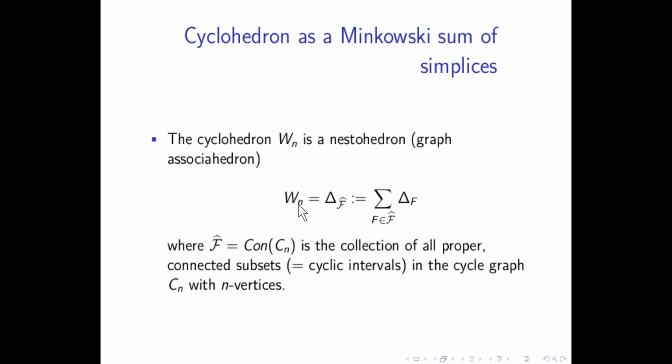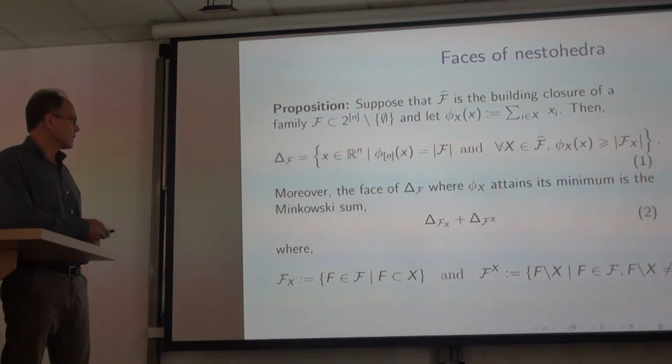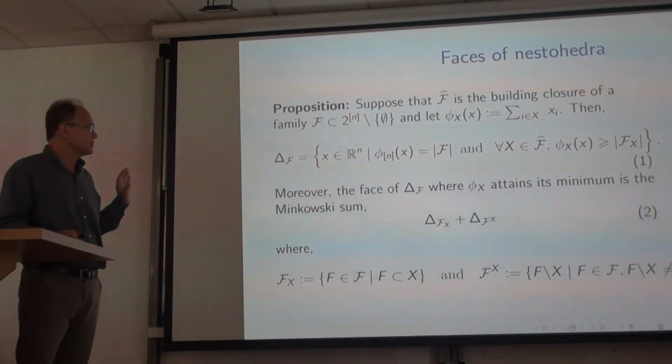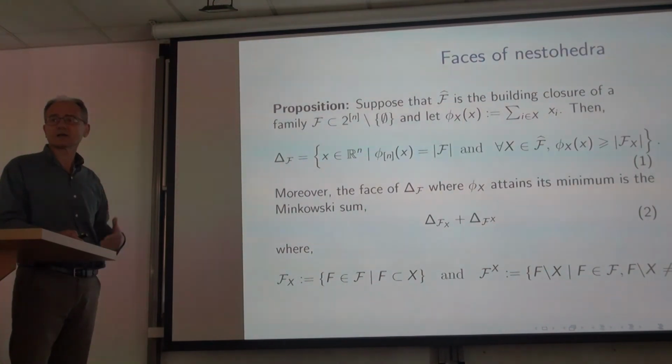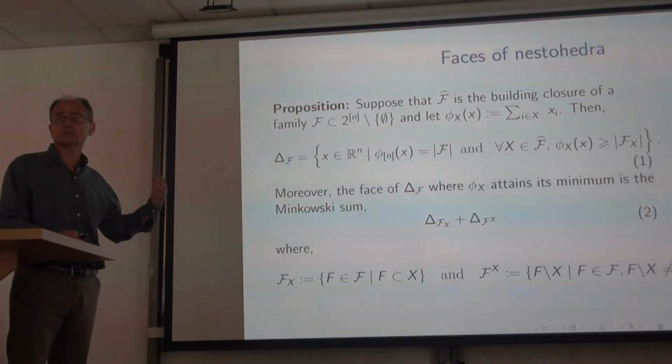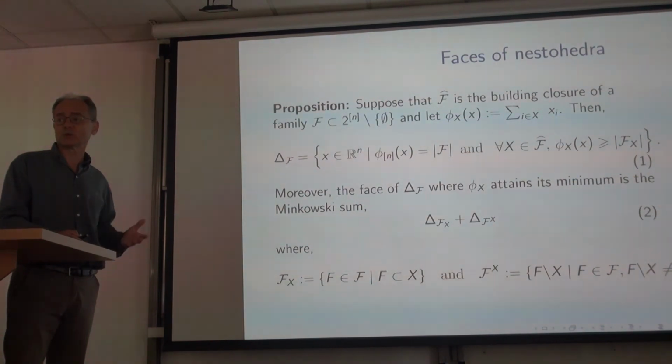As a nestohedron, the cyclohedron W_n arises as the nestohedron associated to the following building set. So you remember, the input is this family of subsets, and in this case it is the collection of all proper connected intervals in the cycle graph. And this is a bit of the theory, which tells us that we can handle this object very successfully using combinatorial tools.